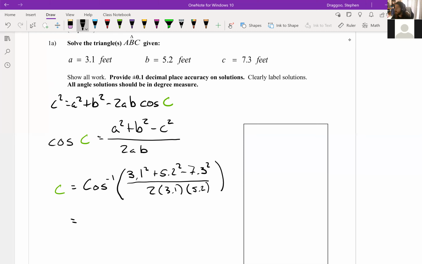And we'll throw that into a calculator. So I want the arc cosine of a numerator divided by a denominator, close some parentheses, tell it it should be in degrees.